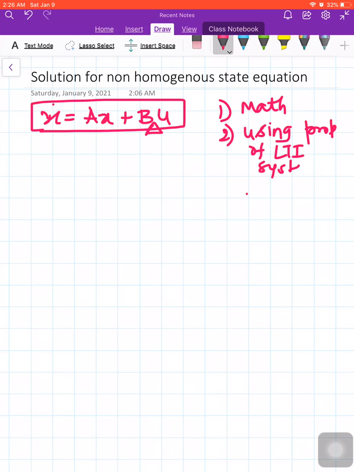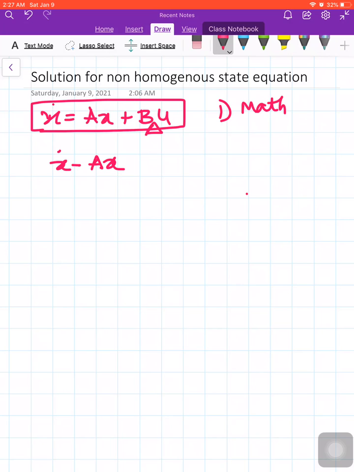First we go with the mathematical approach and see what the solution is. It is a straightforward method, so I'll be going through some steps which will eventually lead me to the solution.